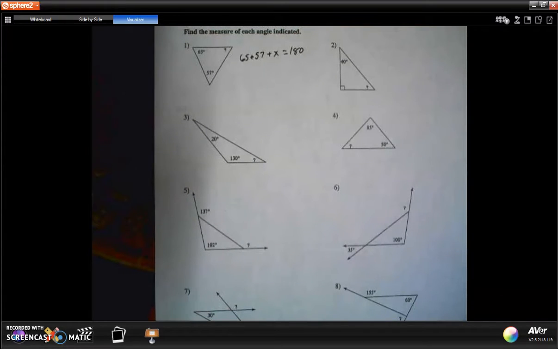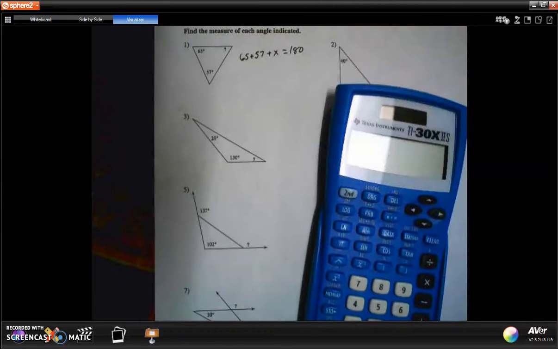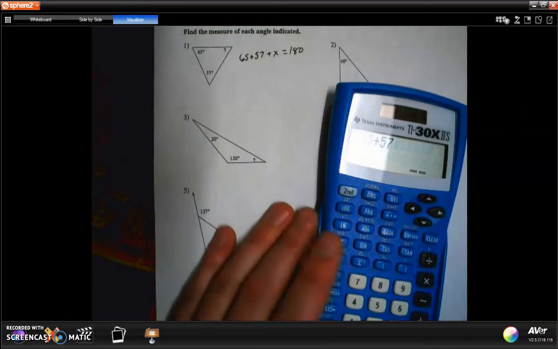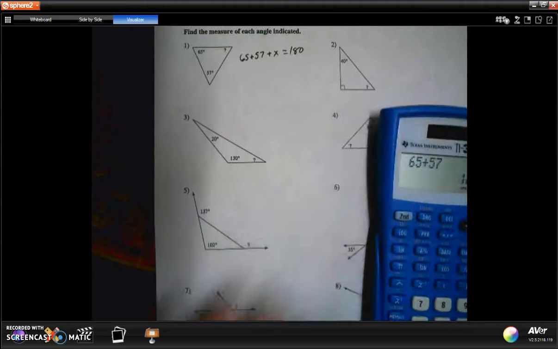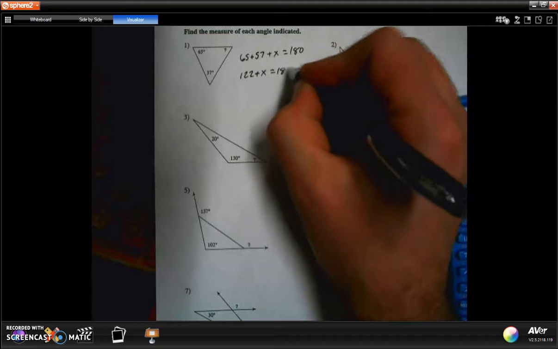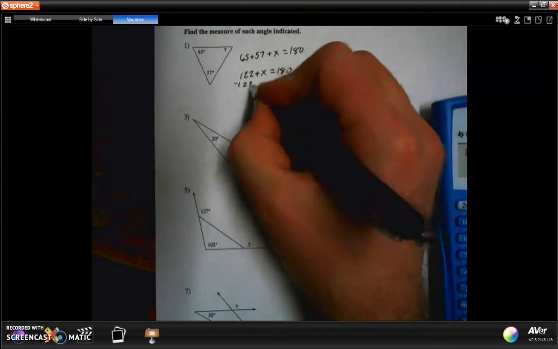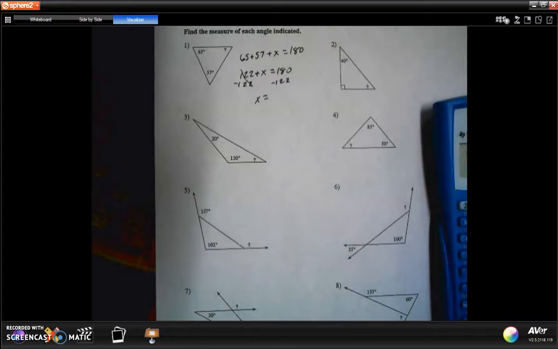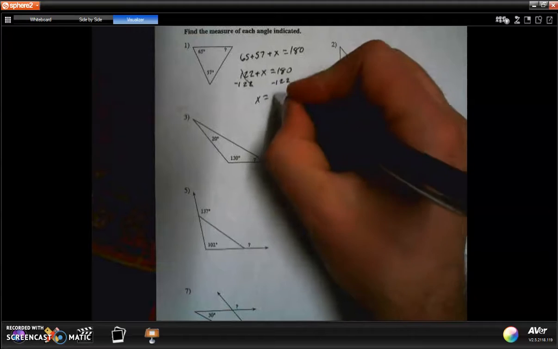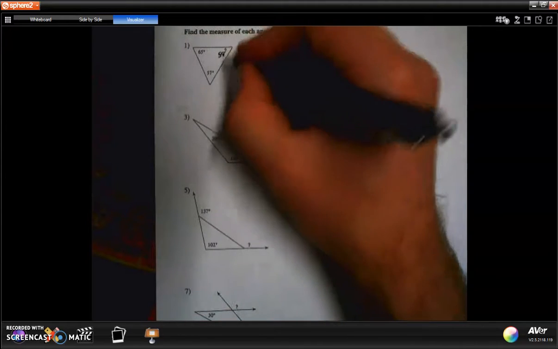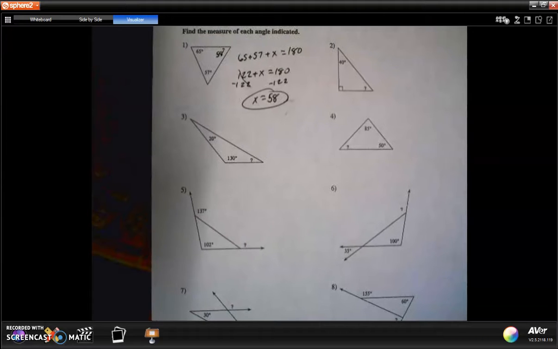I'm going to grab a calculator, because calculators are great. 65 plus 57 equals 122. So 122 degrees plus something has to equal 180. If I subtract 122 from both sides, that cancels out, and x equals 180 minus 122, which is 58 degrees.